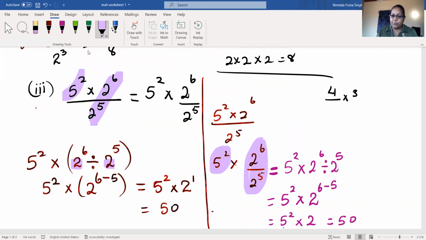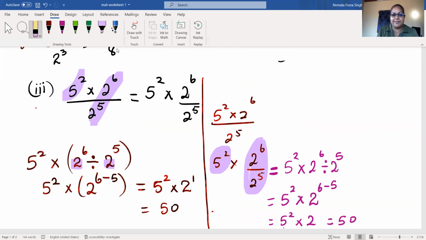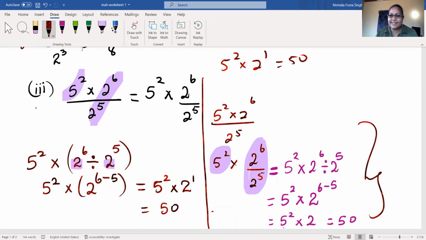I know 2 to the 6 over 2 to the 5, you're going to have to subtract. In my brain I work out 6 minus 5 is 1, so I end up with 5 squared multiplied by 2 to the power 1, and I get 50. I don't even have to go through all of this long process. Mentally, you'll start to see the shortcuts and jump the steps because your brain can do it. But you only get there with practice.